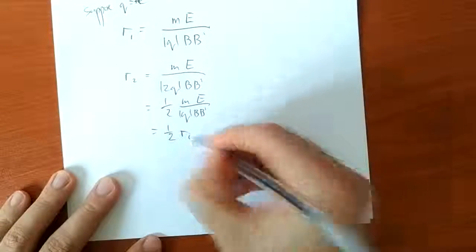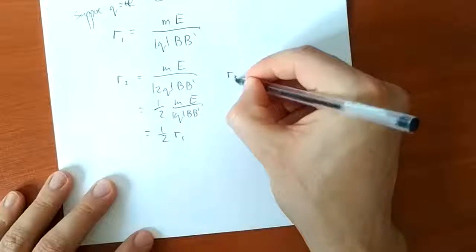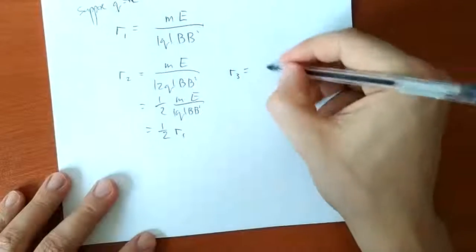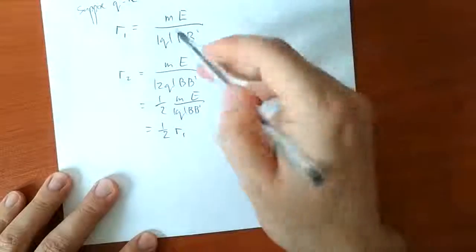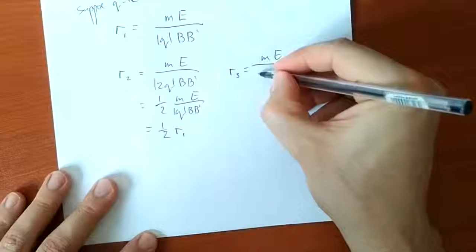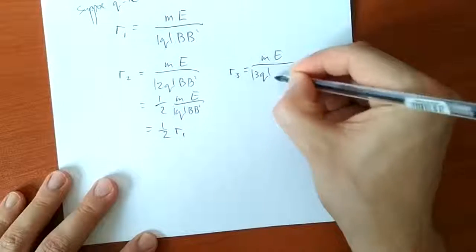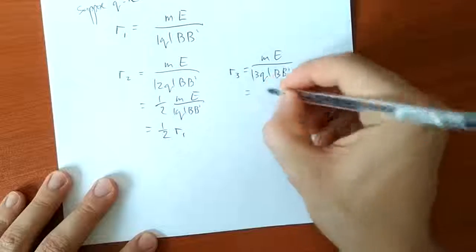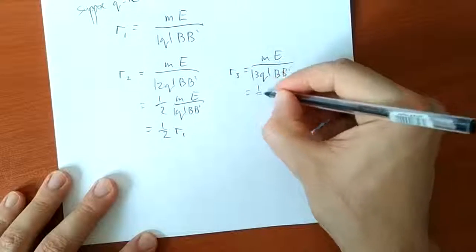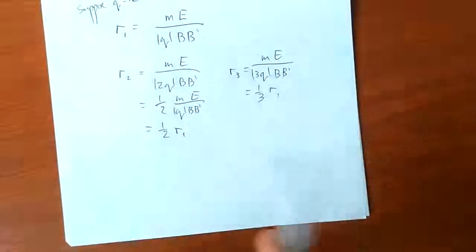In other words, this is a half R1. Similarly, if R3 is a third type of ion, and its charge isn't just plus e but 3 times that, so it is 3Q, then similarly it would be a third R1.